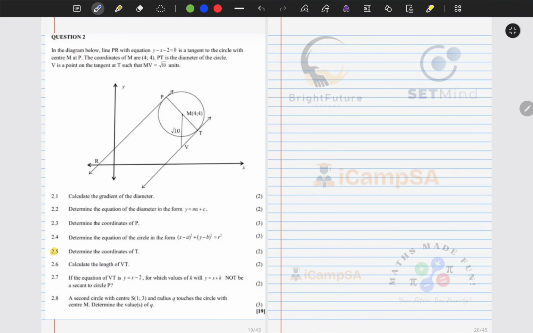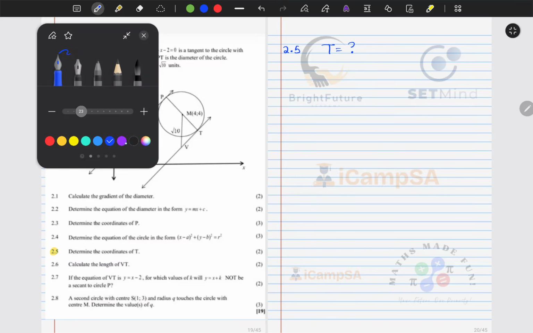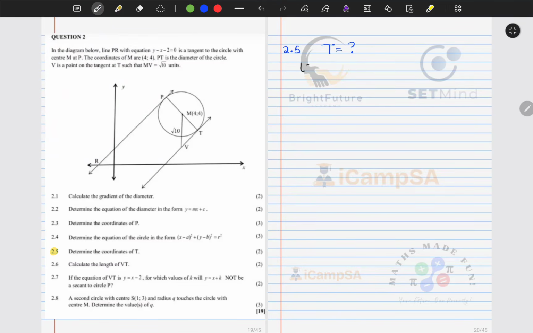In order for us to figure out the coordinates of T, 2.5, what we are going to do is use the equation of the circle. If you remember, the equation of the circle is (x minus 4) all squared plus (y minus 4) all squared, and this equals 2.